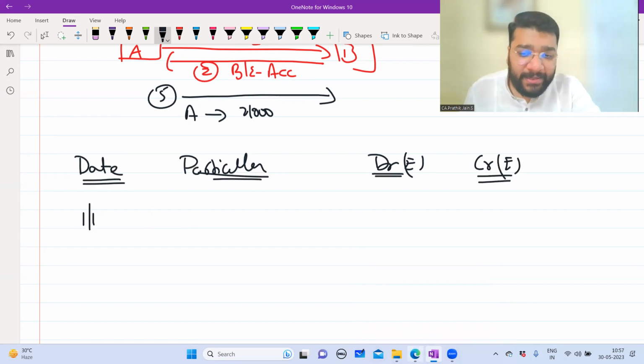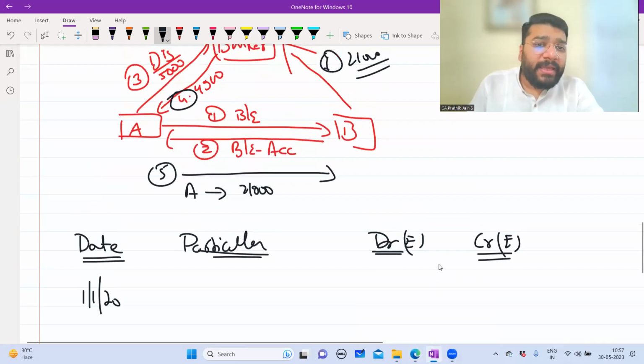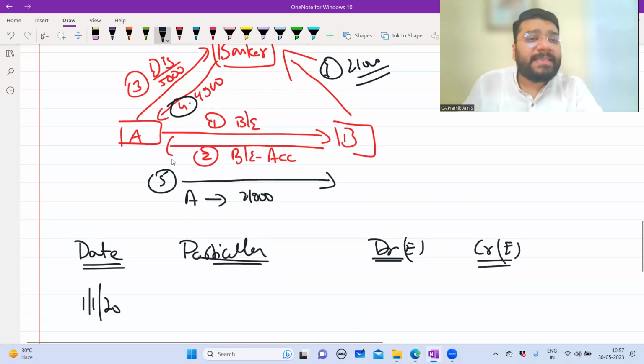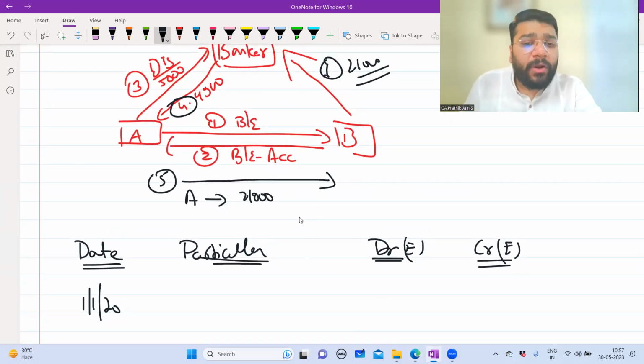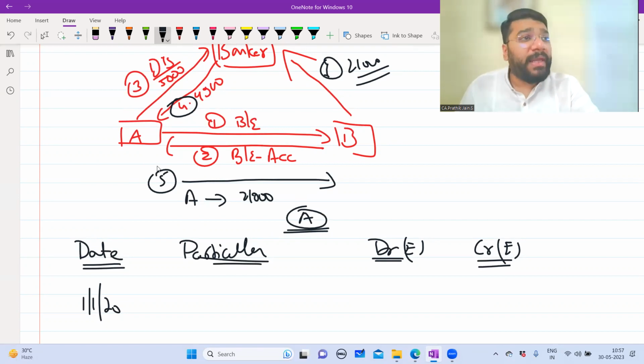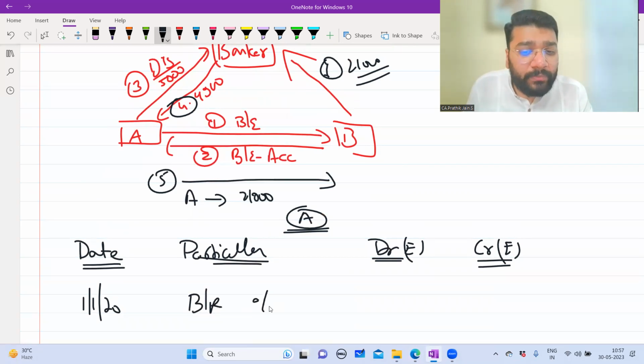On 1st of Jan 2020, people. Now, guys, A has drawn a bill on B. B is accepting and giving it back. Now we are recording this journal entry in the books of A. So A is the receiver of the bill, guys. So can I say for A, an asset is coming in? For A, there is a bills receivable coming in. Yes or no?